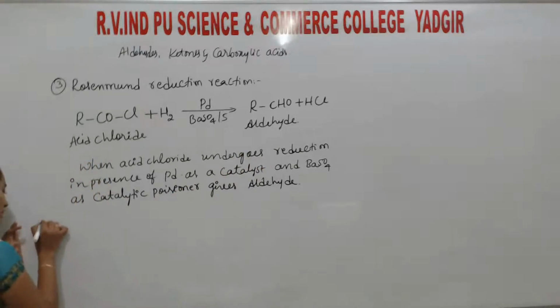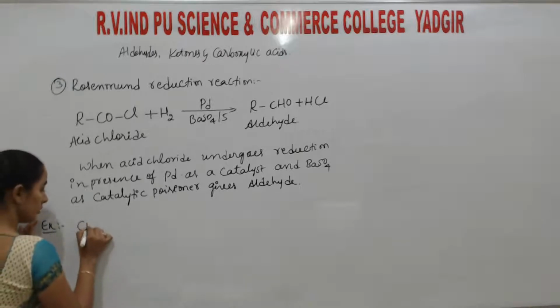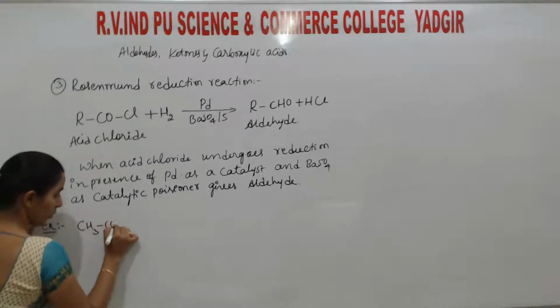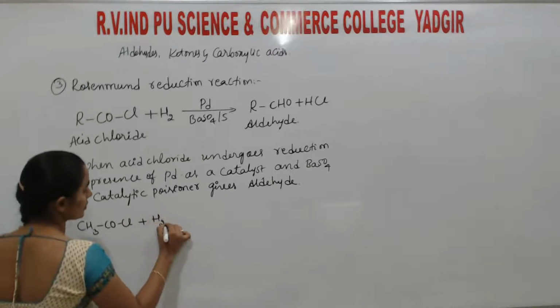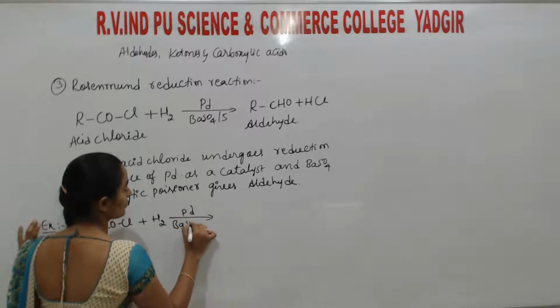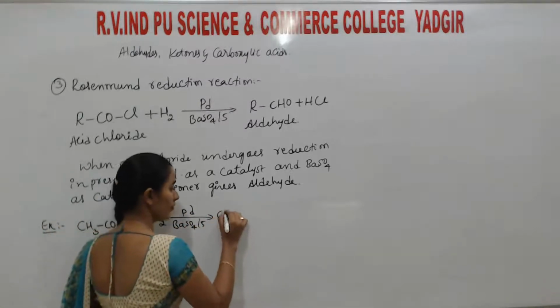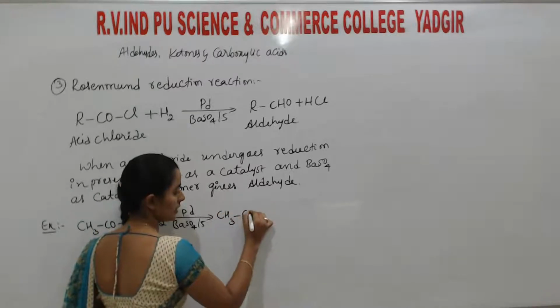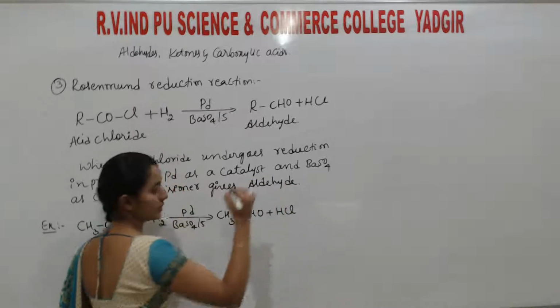So if we take the example here, I'll take acyl chloride. In the place of acyl chloride, hydrogen is there, with palladium, BaSO4, sulfur. Then the product formula is CH3CHO plus HCl.